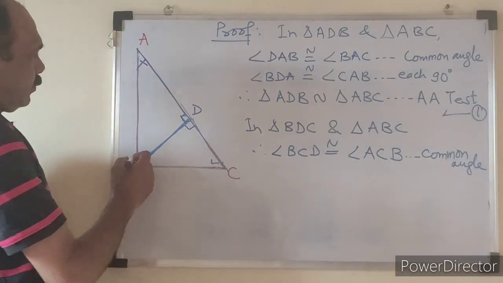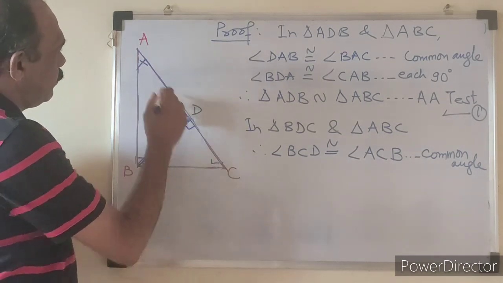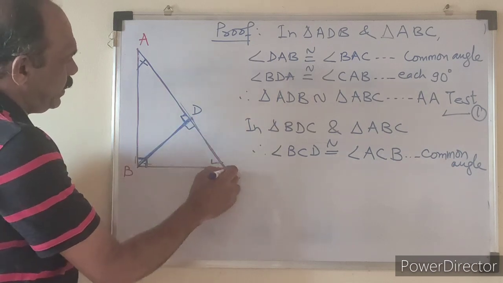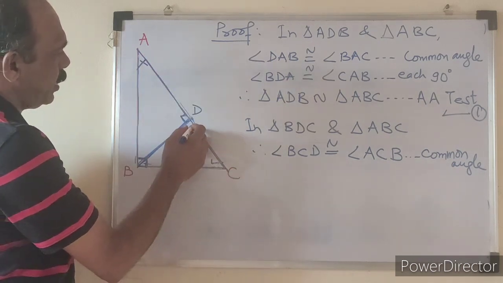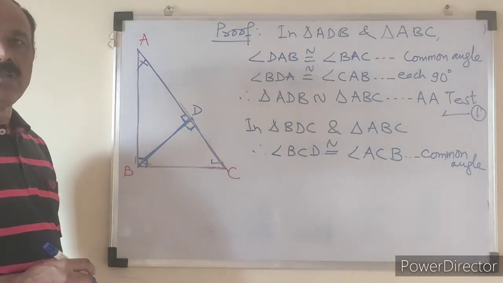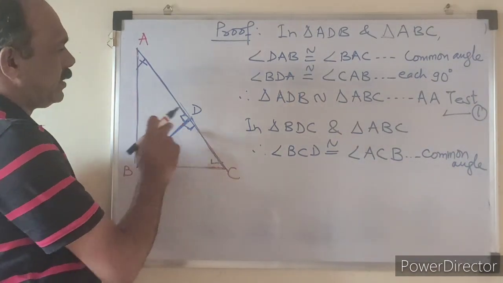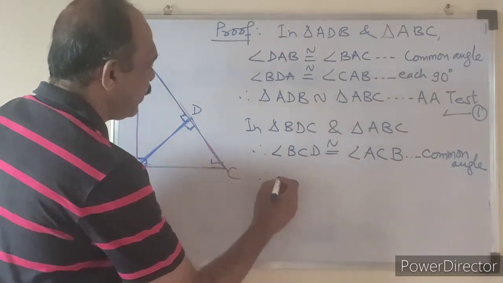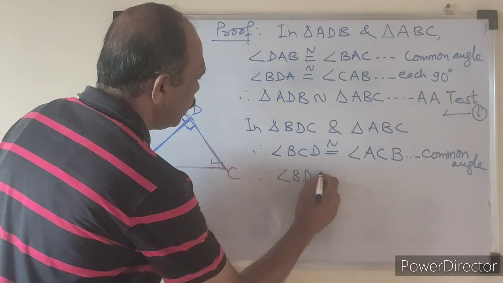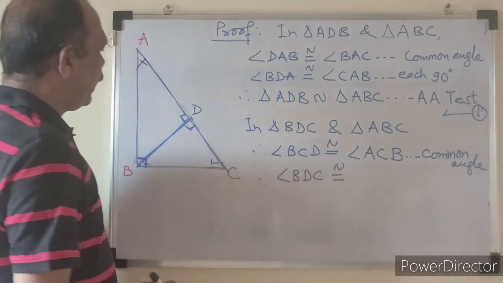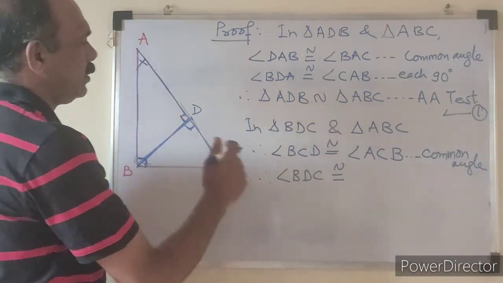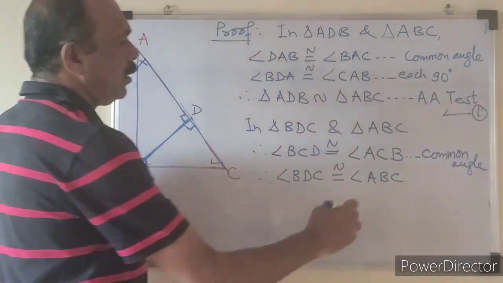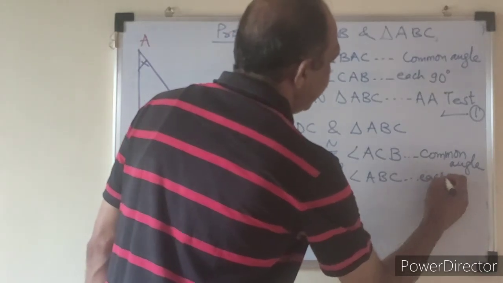Then again, in the original triangle, angle B is 90 degrees. Here in triangle BDC, BD is perpendicular to AC, so therefore angle D is also 90 degrees. So these two angles are congruent. So angle BDC congruent to angle ABC. Each angle 90 degrees.